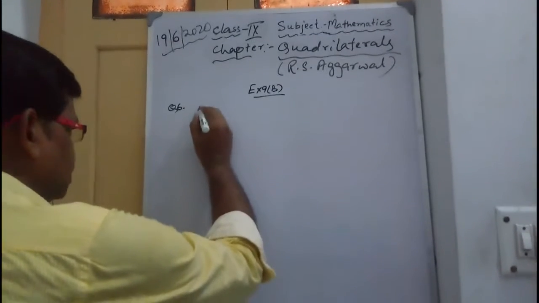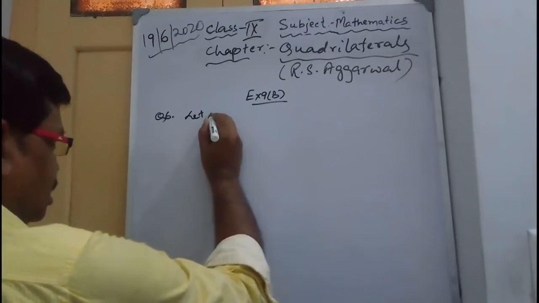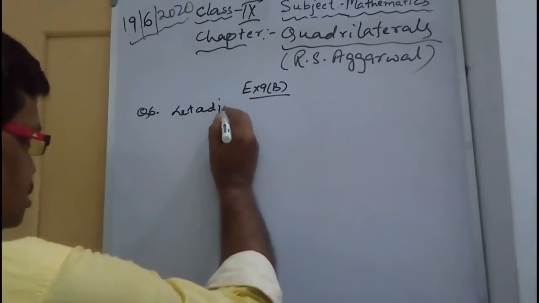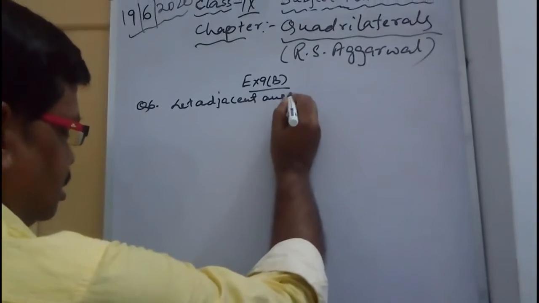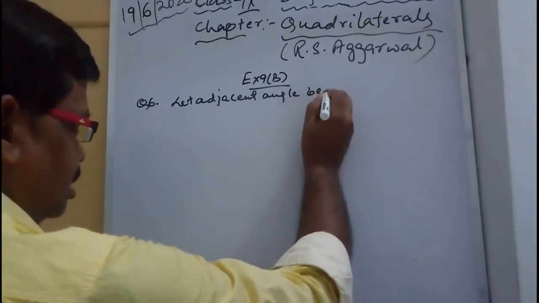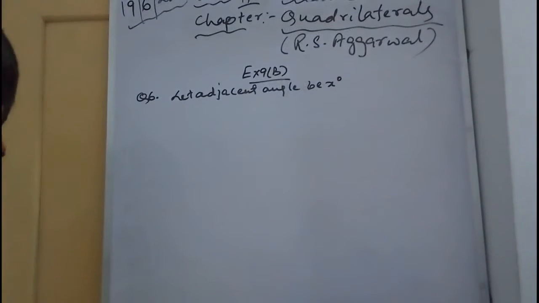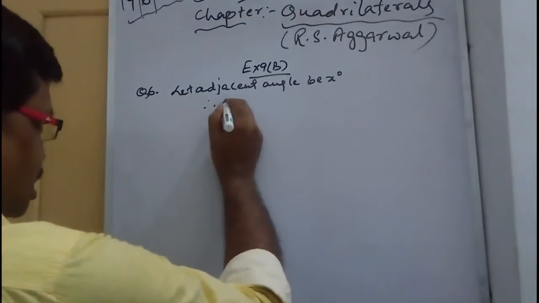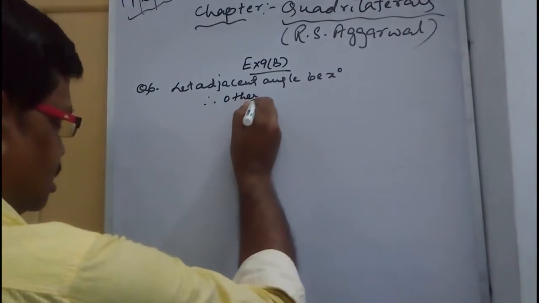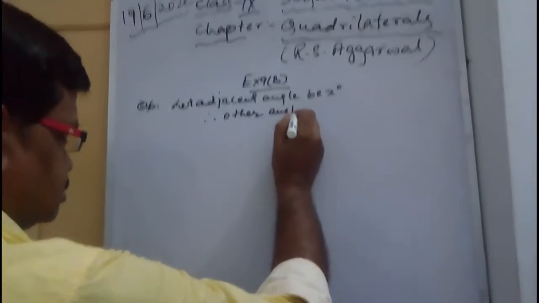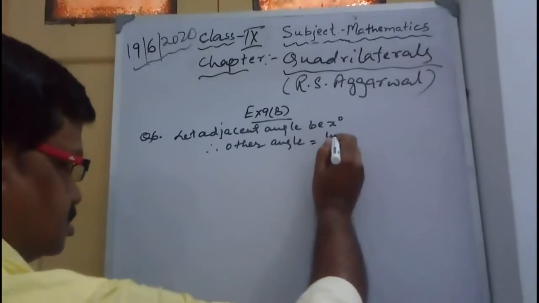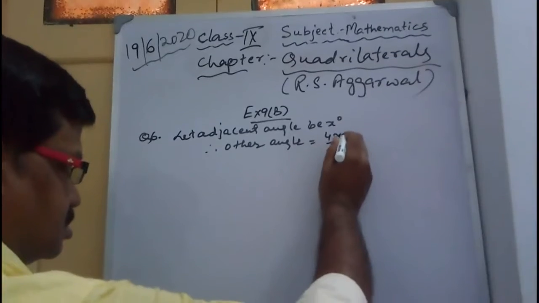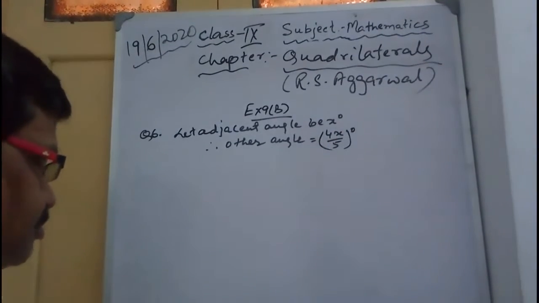So let adjacent angle be x degree, therefore other angle is 4x/5 degree.